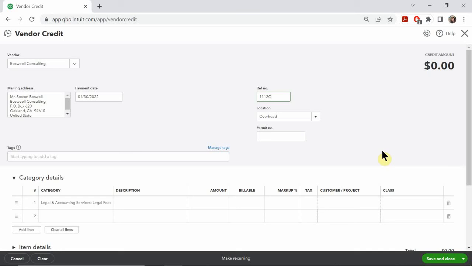The proper way to do this is to record the vendor credit and then apply it to your bill. Then you do recognize that you received a purchase discount. That's just the best way of doing it.